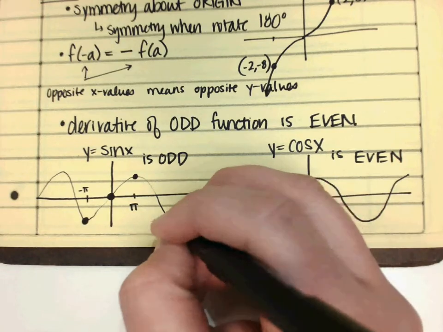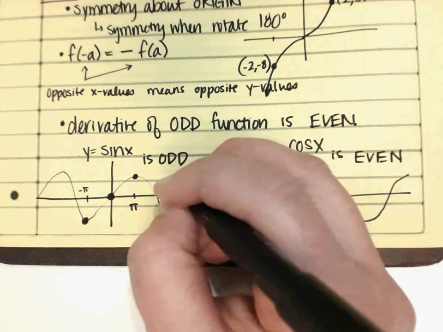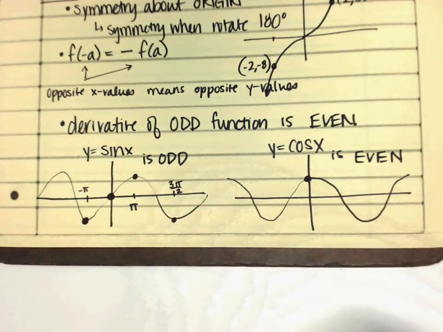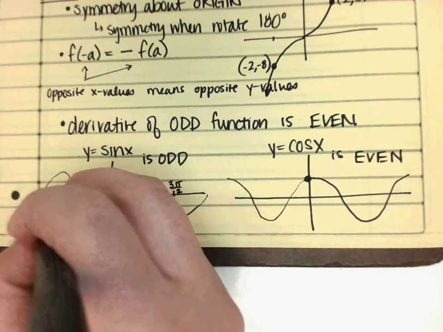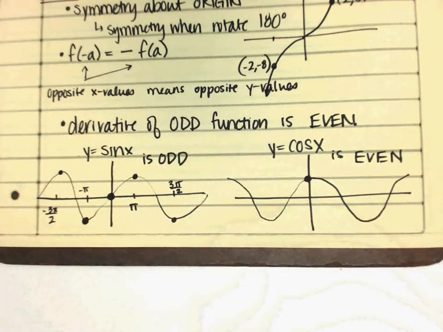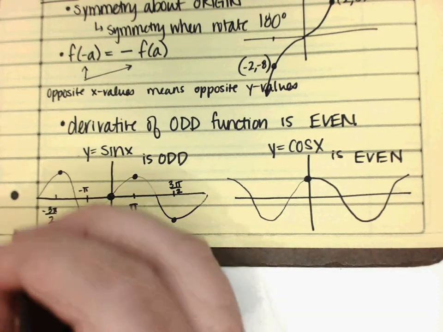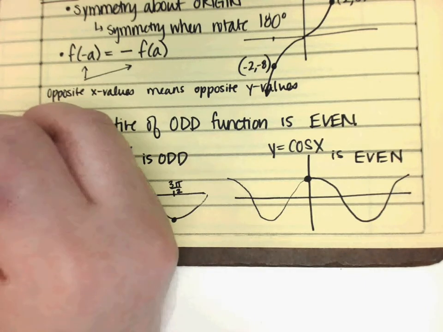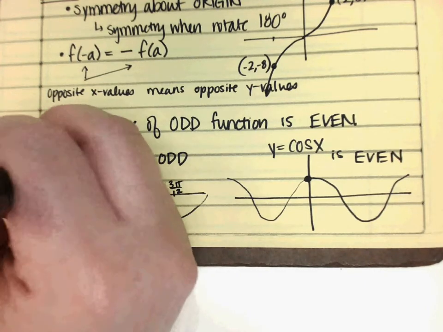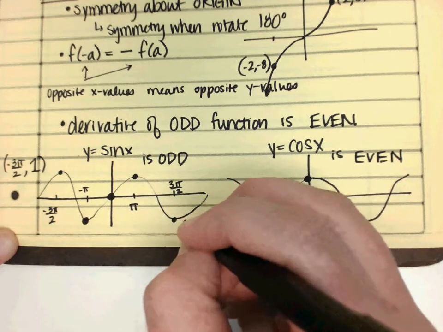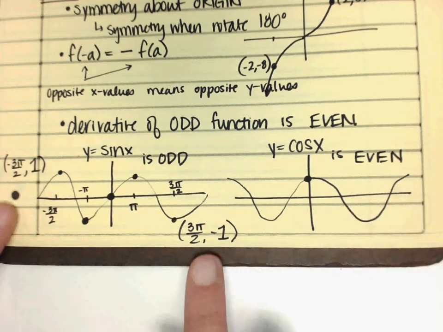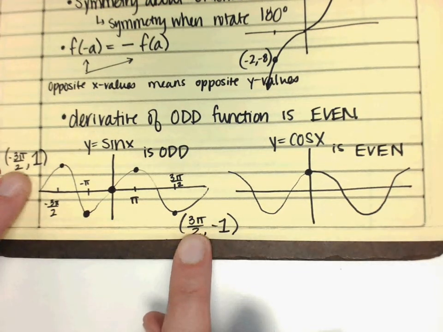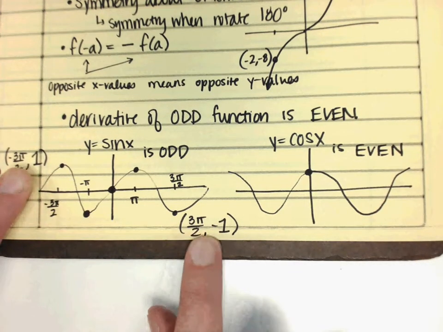Okay, 3 pi halves gives me negative 1, bless you. But then what about negative 3 pi halves over here? I get positive 1. So I'm going to write here, negative 3 pi halves goes with 1, but regular 3 pi halves goes with negative 1. So what you should notice for an odd function is that when my x's change sign, so do my y's.